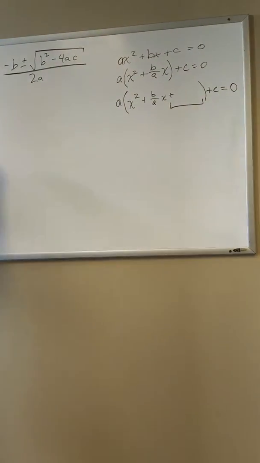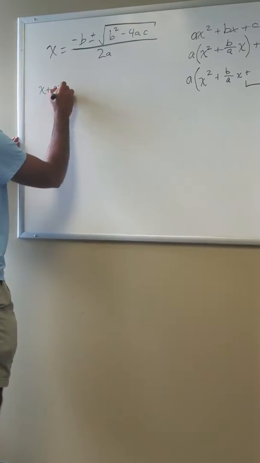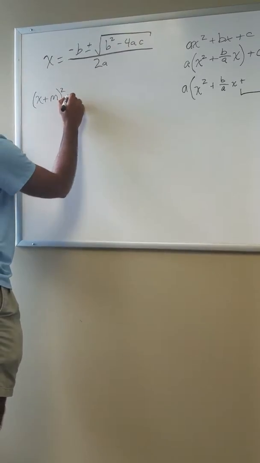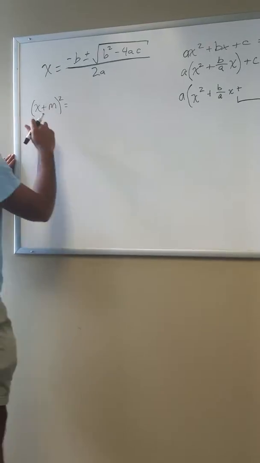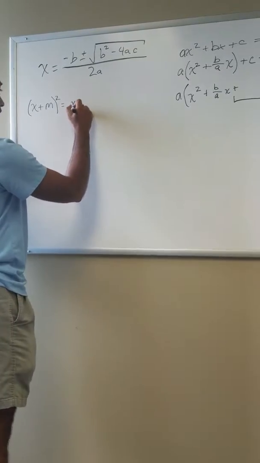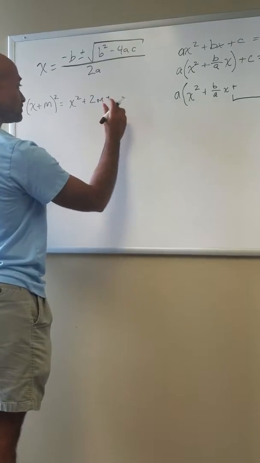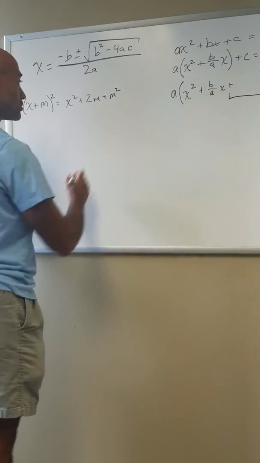So let's go look at what form a perfect square looks like. So let's take something that looks like this, and if you distribute this out, what you get is x squared plus 2m plus m squared, okay?